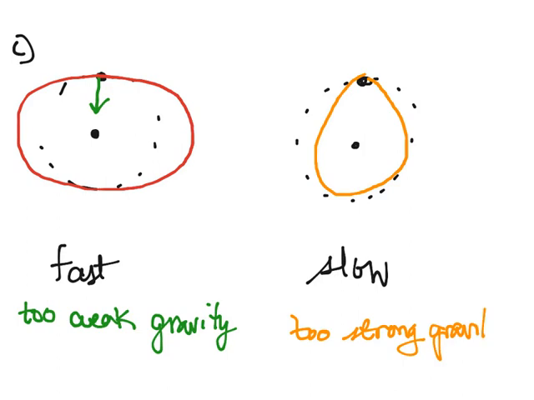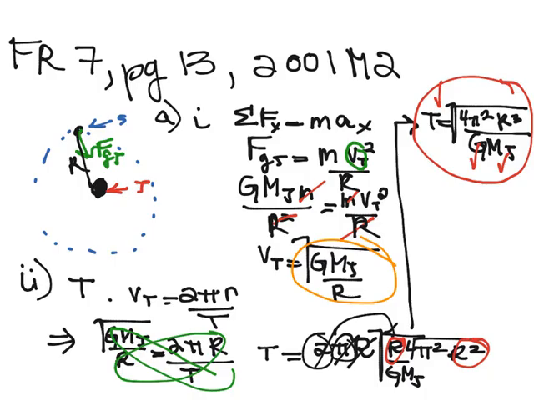Okay, in terms of points, you got 1 point if you wrote Newton's second law at all. You got 1 point if you knew that the only force involved was G M_J m over r squared.